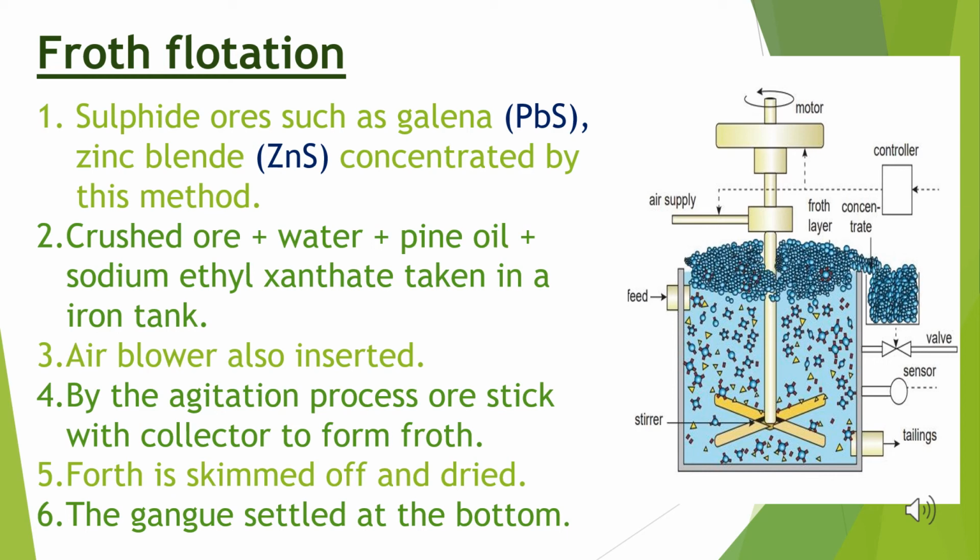We already know that sodium ethyl xanthate is used as the collector molecule in this process, which collects the froth particles of ore and moves them towards the top of the iron tank. Further, the froth particles of ore can be collected in another vessel. These go on to the next step of the metallurgical process.